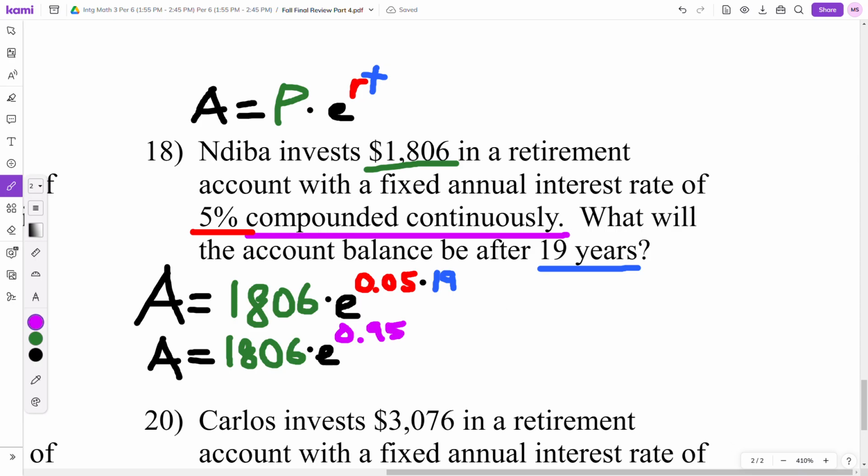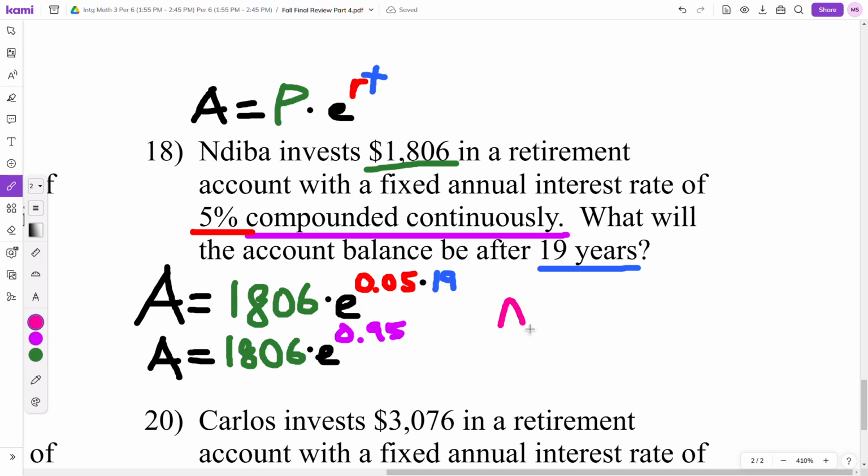My calculator here just has an E button, but I know many of the ones that you use don't have a straight E button. You have e to the x. So for you, put e to the x and then put 0.95 and then evaluate. So let's do that right now. I'm going to do it right here for me. And what I get is 2.5857 approximately.